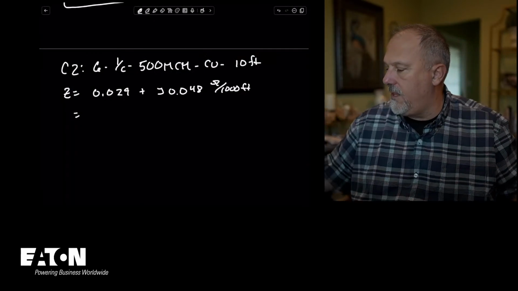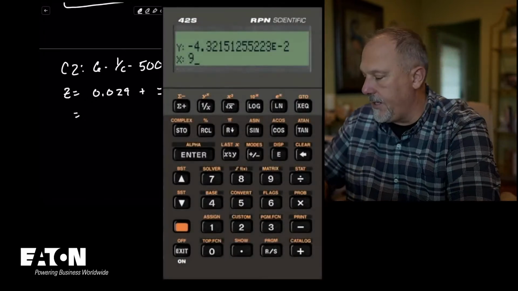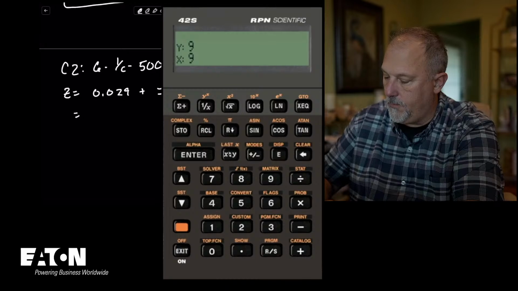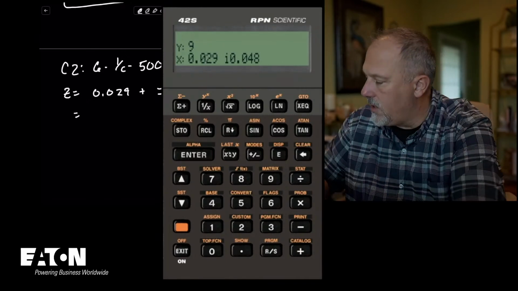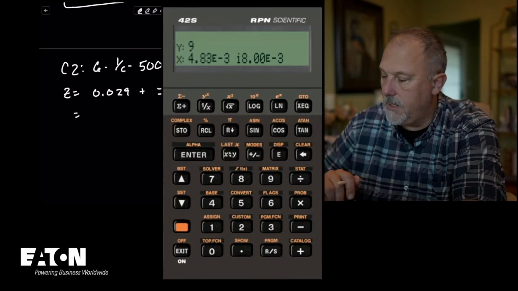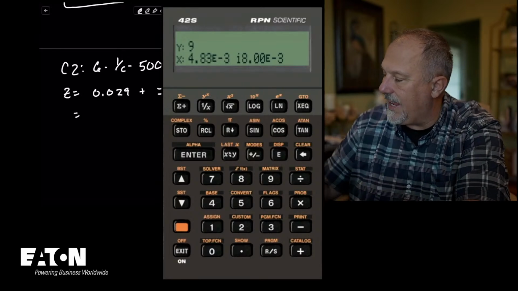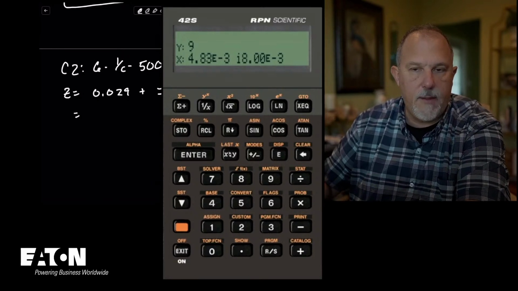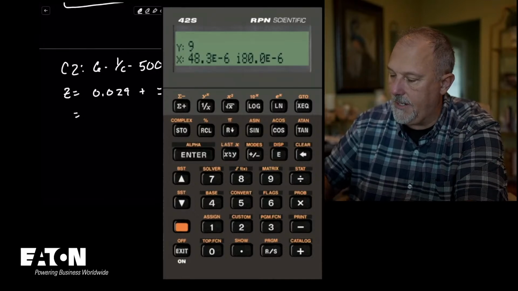Now we are going to use our calculator. 0.029, 0.048 complex. We're going to first divide this by 6. Then we're going to multiply this by 10 foot divided by 1,000.